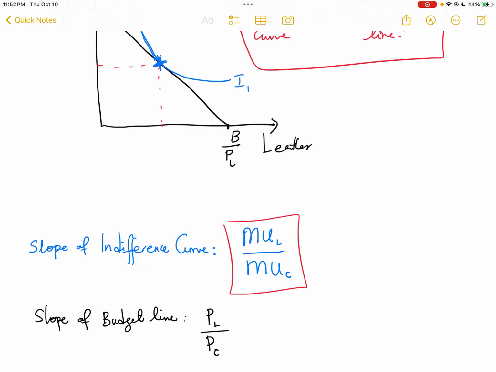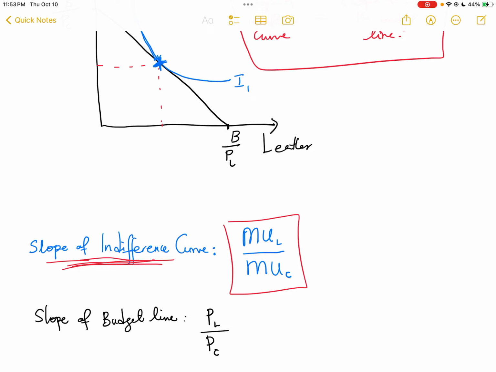Now, one little mention. What exactly is the slope of the indifference curve saying? When we write MUL over MUC, what are we saying?